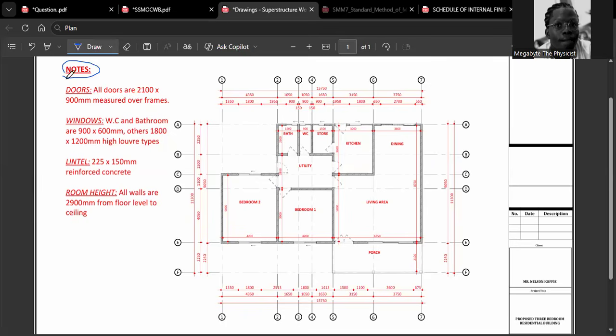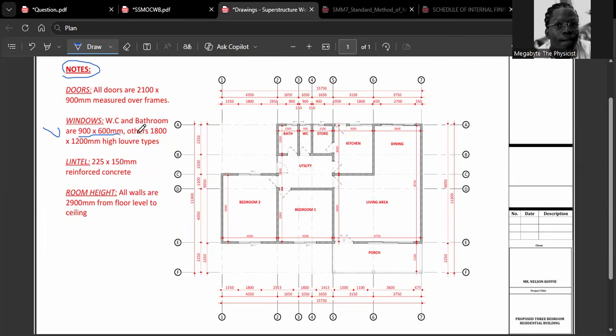That is the door. It's saying that all doors are 2,100 by 900 mm measured over frame. Also take note of the windows. The WC and bathroom are 900 by 600. You take note of this one. So this is very vital information.